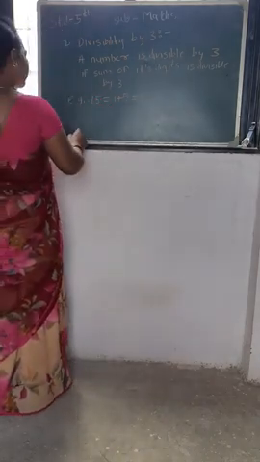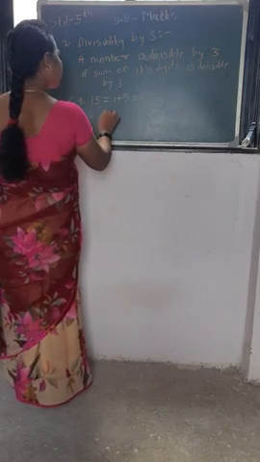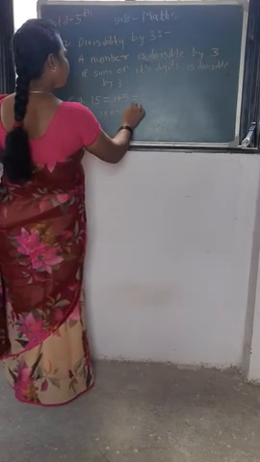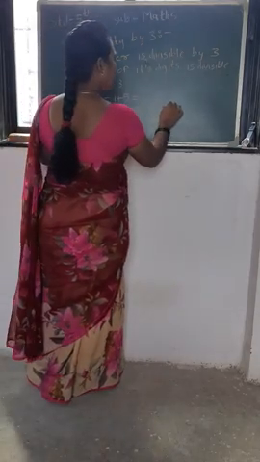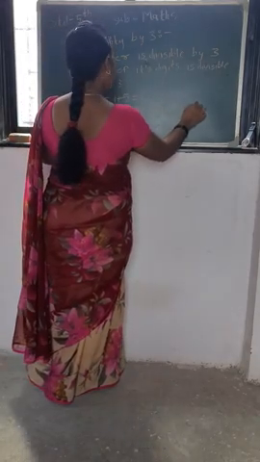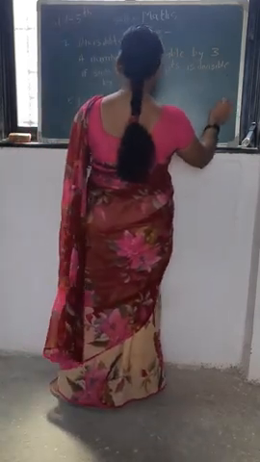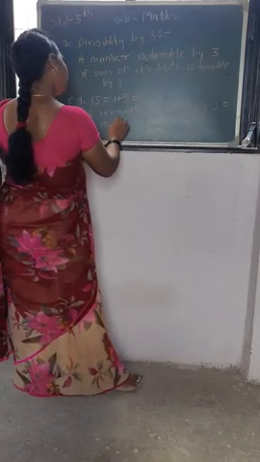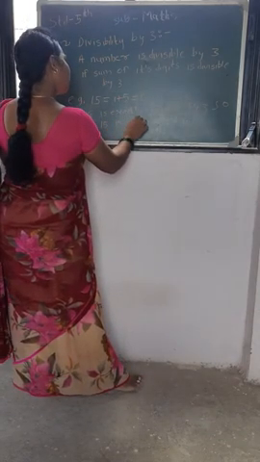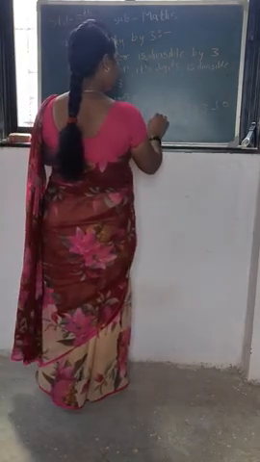Then 6 is exactly divisible by 3. So 15 is also divisible by 3.